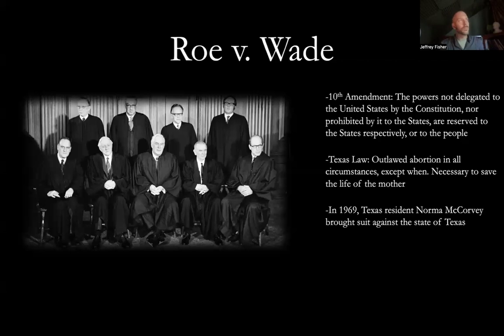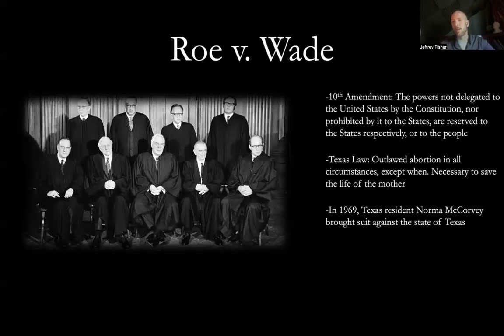Now, if you follow the Supreme Court at all, you will be aware of the fact that it can take a while for cases to make their way to the Supreme Court. And so she brought the suit in 1969, but it didn't find its way to the Supreme Court until 4 years later, 1973. Now, in the meantime, for those who are curious, Norma McCorvey ended up having the baby that she was pregnant with and put the baby up for adoption.